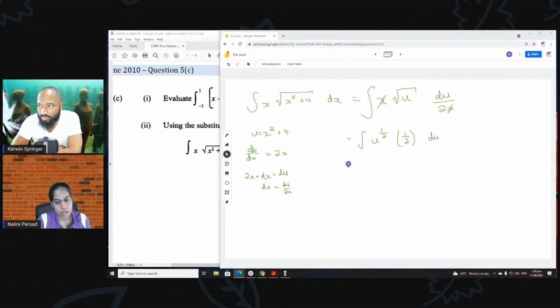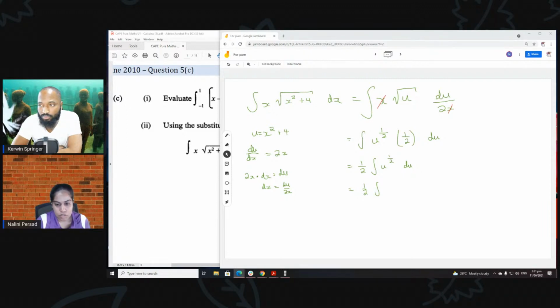So you can put constants outside the integral. So you have a half integral of u to the power of a half with respect to u. Integrating with respect to u, we leave the constants. The integral of u to the power of a half: you add 1 to the power and divide by the new power.